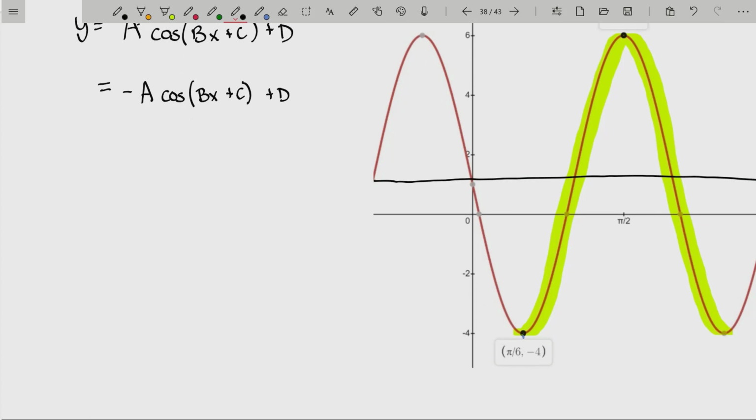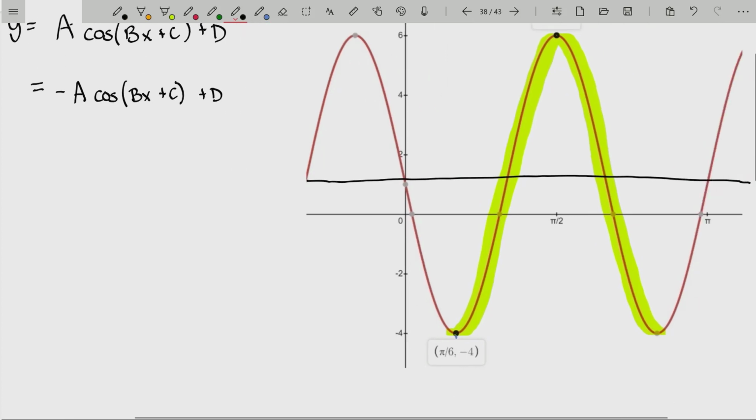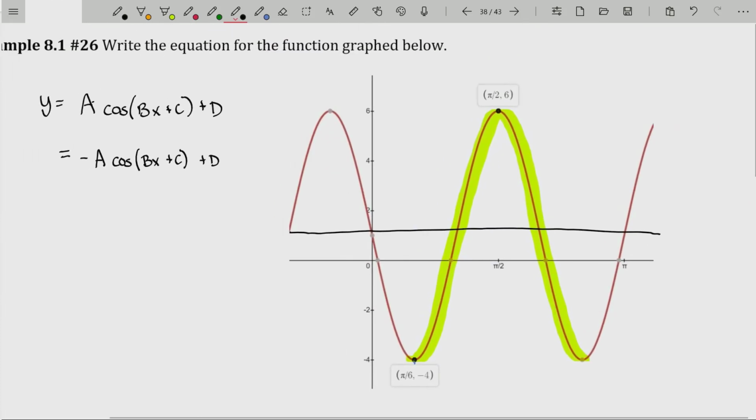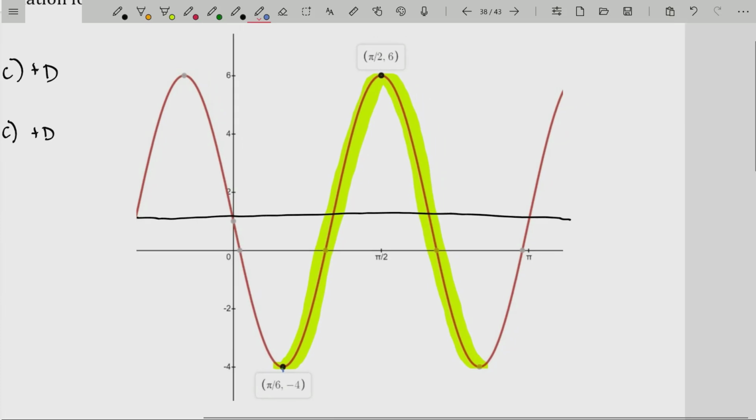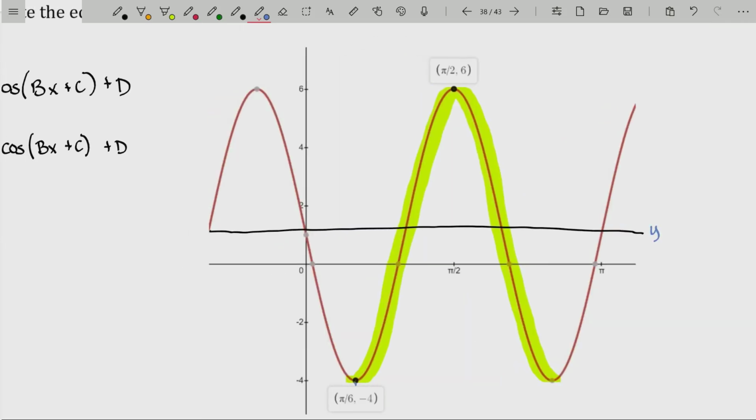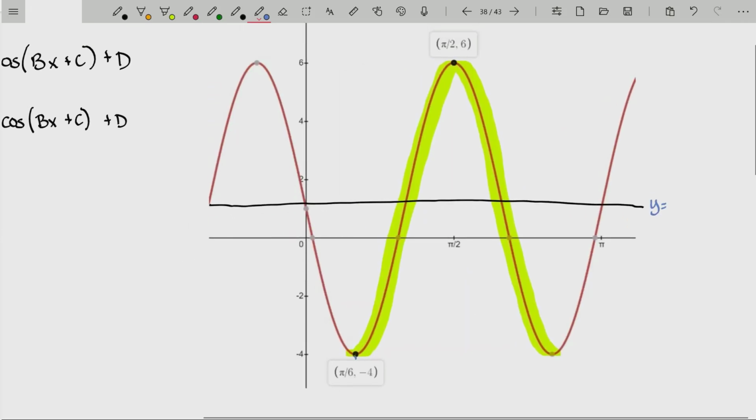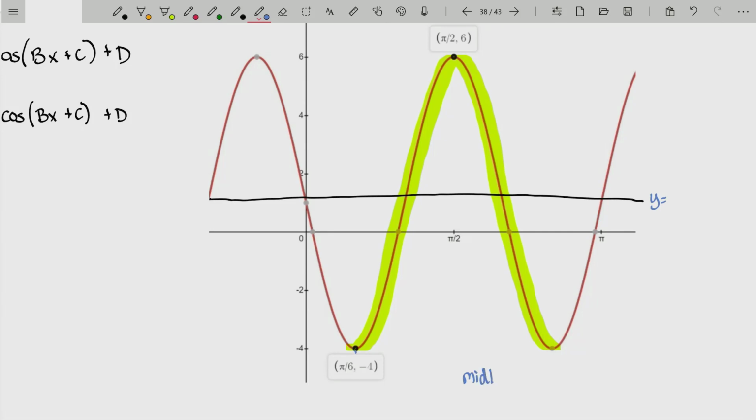Now, let's talk about the amplitude. I'd love to know what the midline is so I could find the amplitude. Remember, the midline is the average of the y values for the maximums and minimums. So the midline is going to be the average of the y max and min.